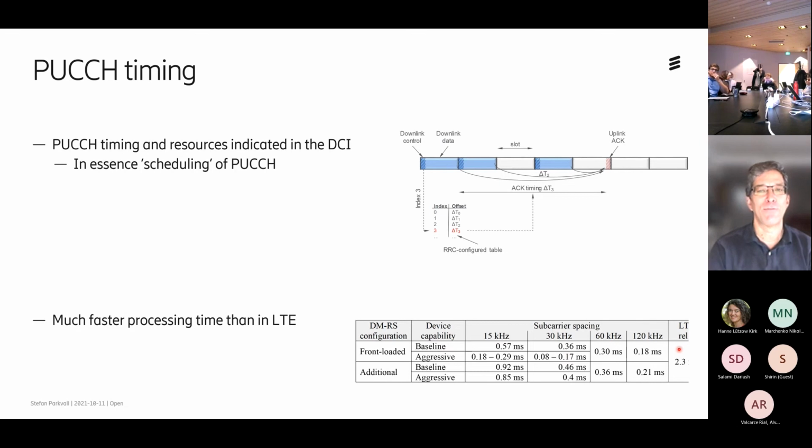So data decoding can be quite fast in NR if you want to, which is good for this low latency aspect again. This is the time from the end of the transmission until you can send your ACK/NACK. So it's basically from the end of this blue here until the ACK/NACK transmission instant.